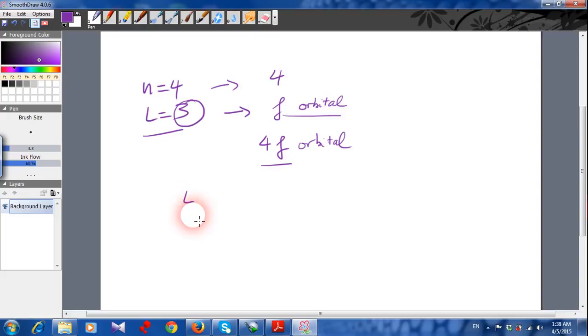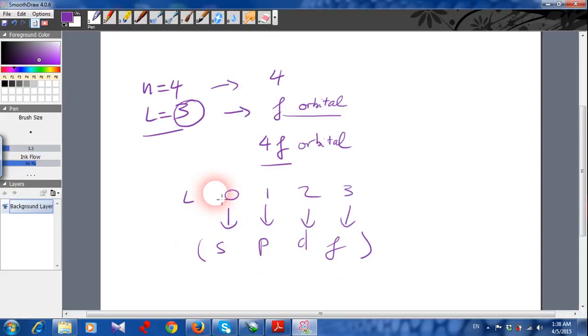Again, l is 0, 1, 2, 3, and that means s orbital, p orbital, d orbital, and f orbital. The letter just stands for the shape of the pathway of electrons in an atom. So the answer will be 4f.